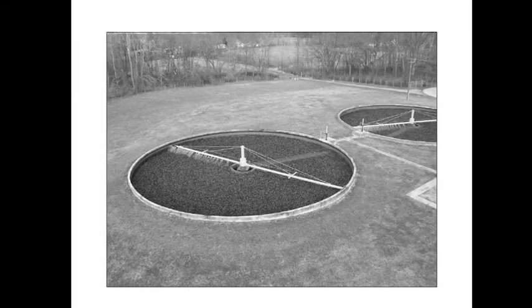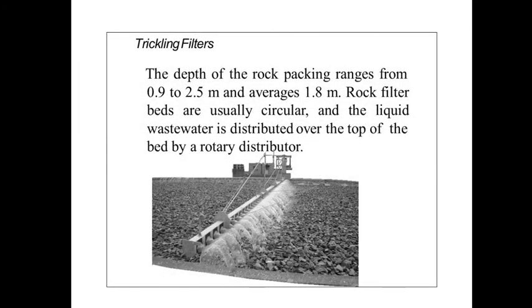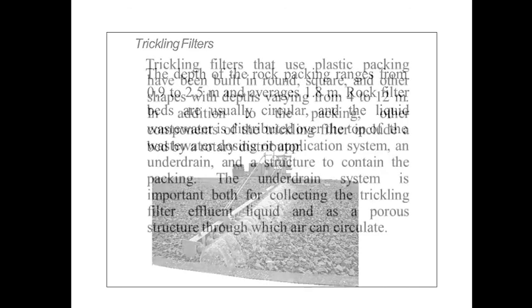So you can see the trickling filter with the media and distributor arm. In a trickling filter, the depth of the rock packing ranges from 0.9 to 2.5 meters, with an average of 1.8 meters. Rock filter beds are usually circular, and the liquid wastewater is distributed over the top of the bed by a rotary distributor.